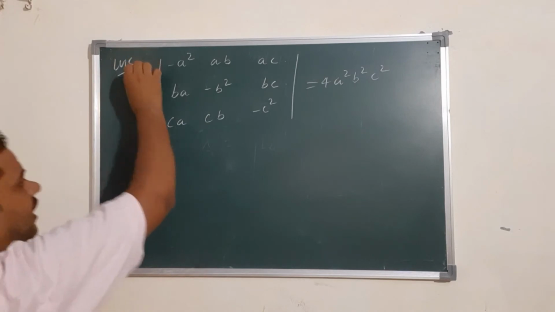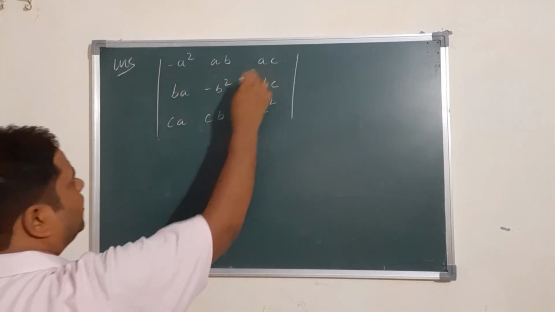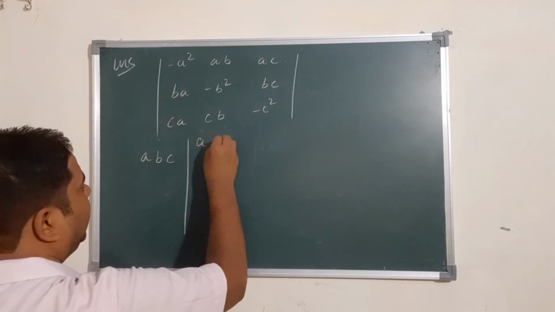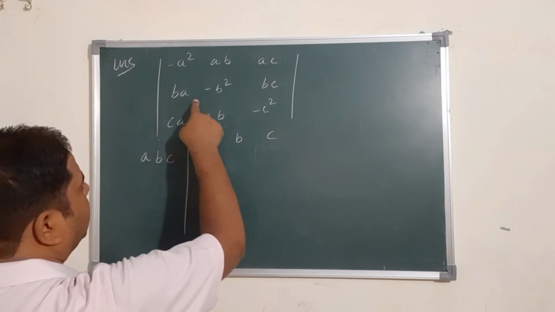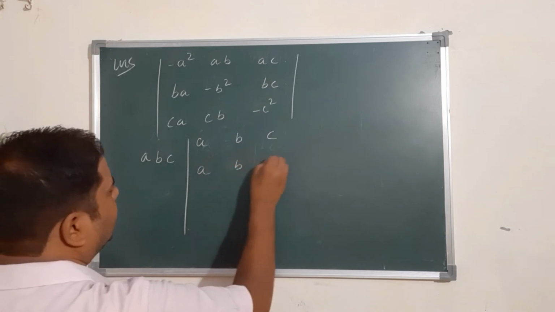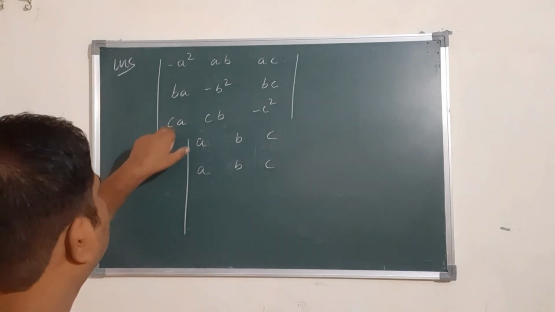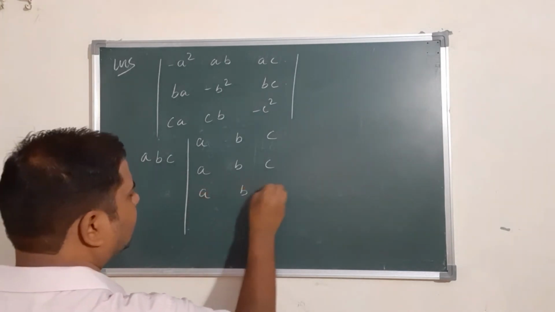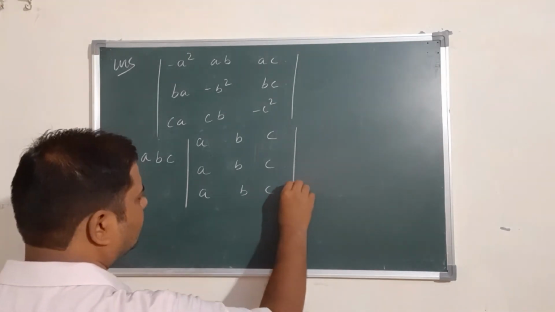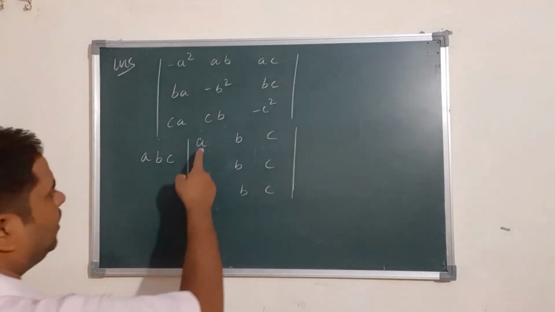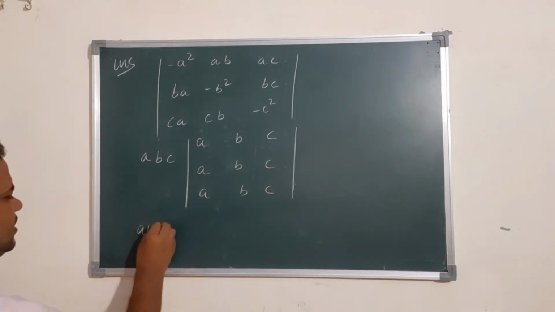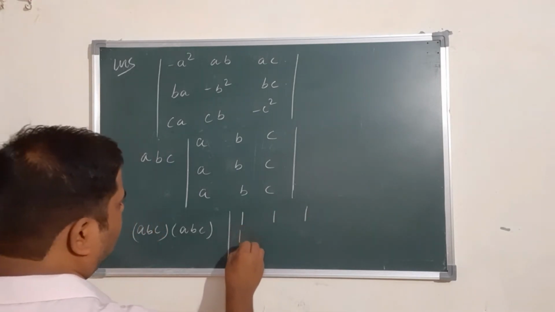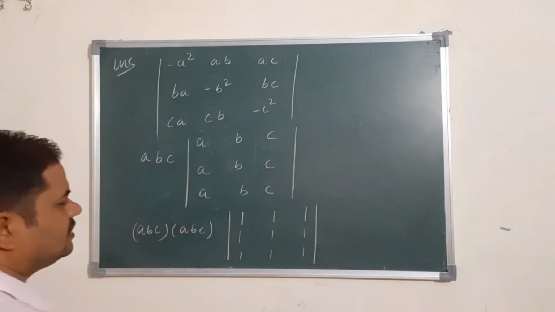So taking LHS, a is common from the first row, b from the second row, c from the third row, and then a, b, c common from the columns. This leaves the determinant with entries minus 1, 1, 1; 1, minus 1, 1; 1, 1, minus 1.